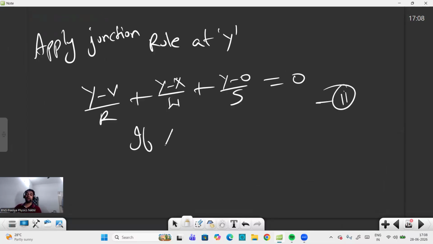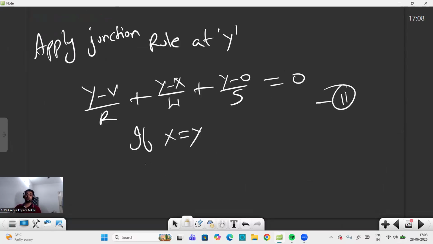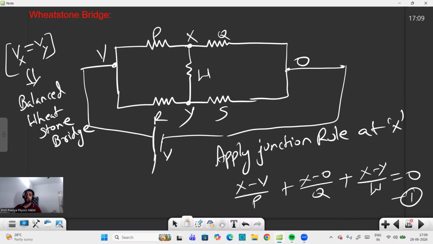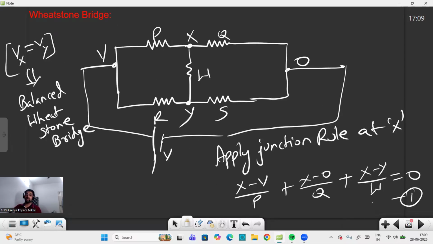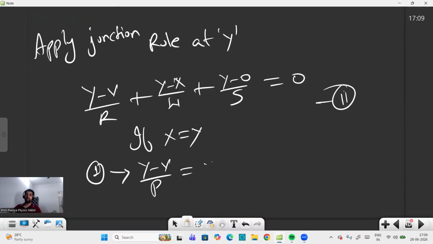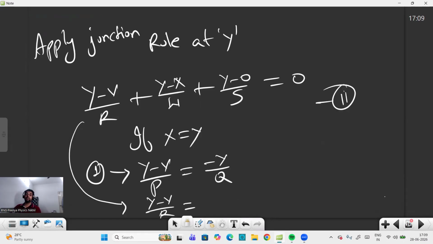If X equals Y, equation 1 becomes (Y minus V) divided by P minus Y by Q, and equation 2 becomes (Y minus V) divided by R minus Y by S, because the middle term becomes 0. So now this is equation A and equation B.